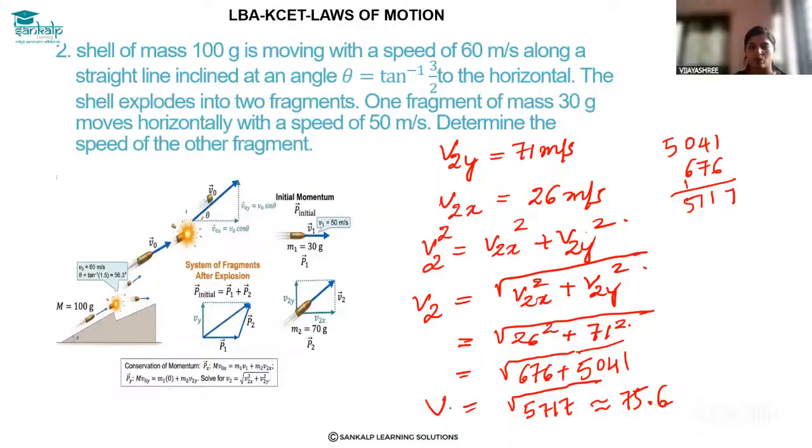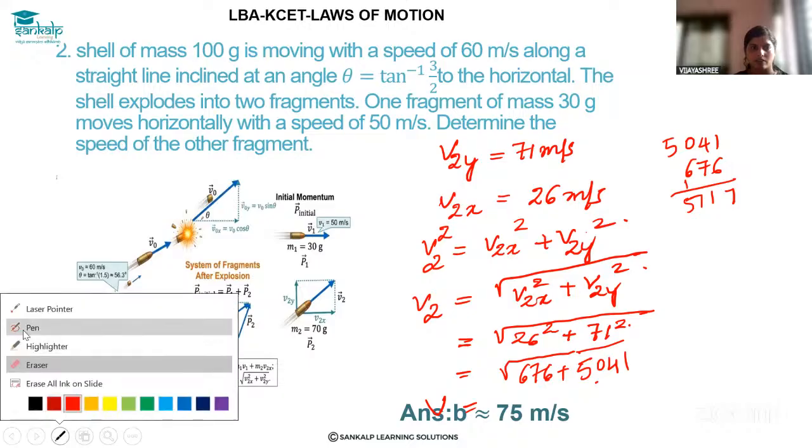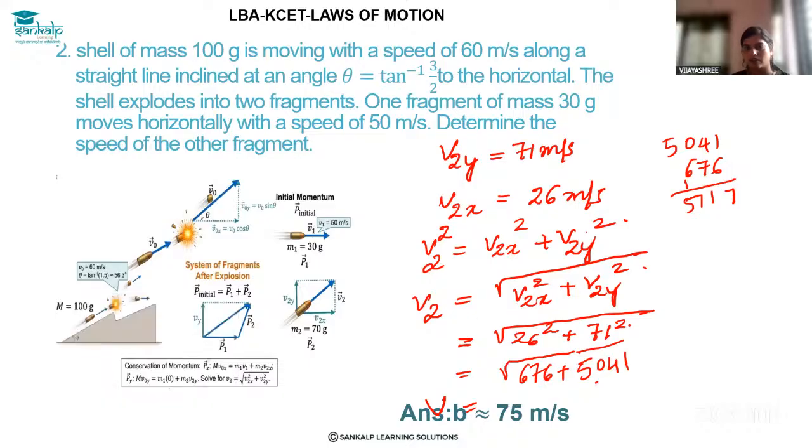So the correct answer here is the square root of 5717, which is approximately 75.6.